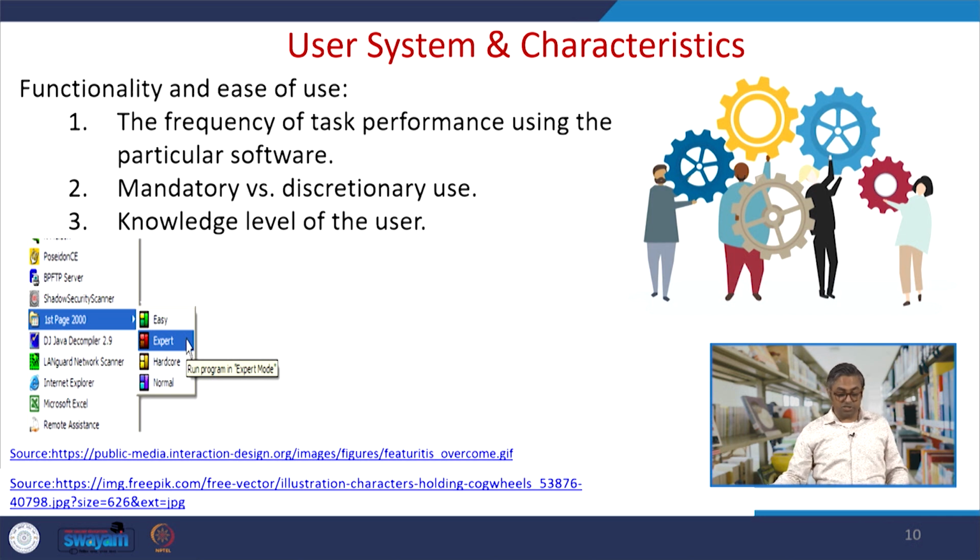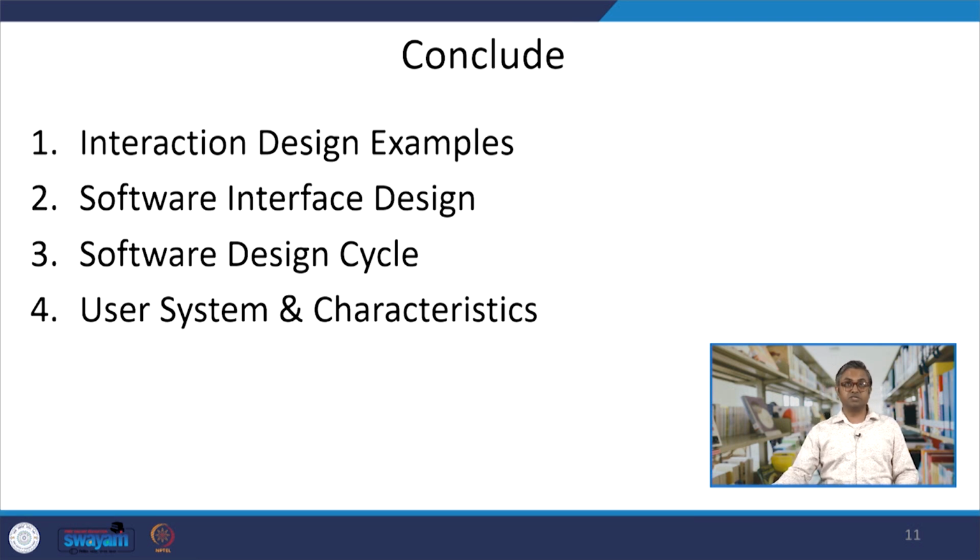Third, knowledge level of the user. What is the knowledge level of the user? All these four components are going to help us in understanding the user system and characteristics. Now, as you can see on your left hand side, this first page, 2000, has been divided into easy, expert, normal and hardcore.